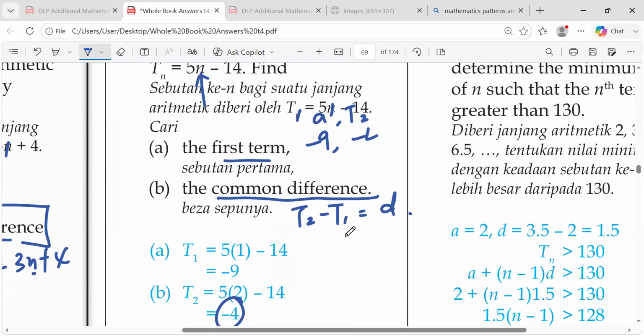And then use -4 minus the -3, -1. Then I get the D, which means that D is 1.